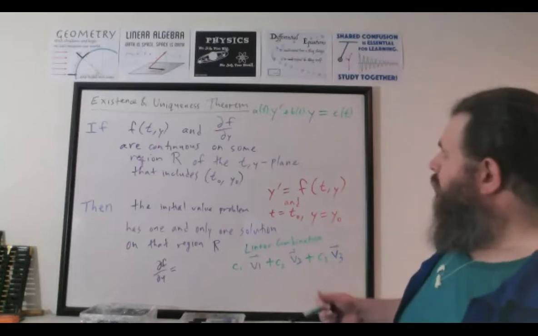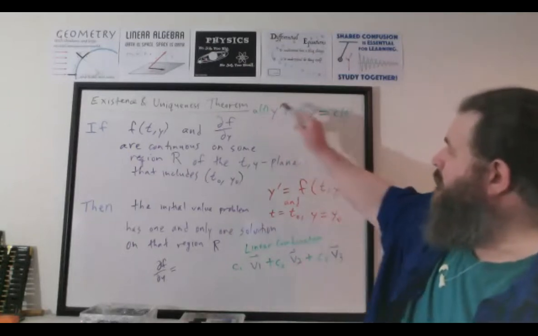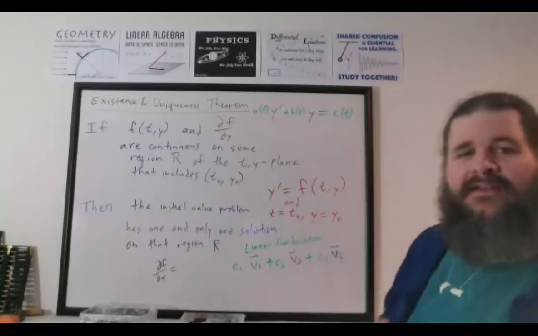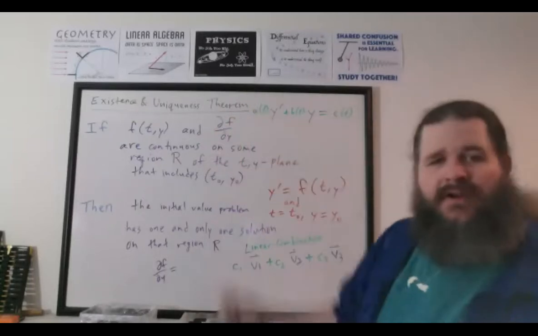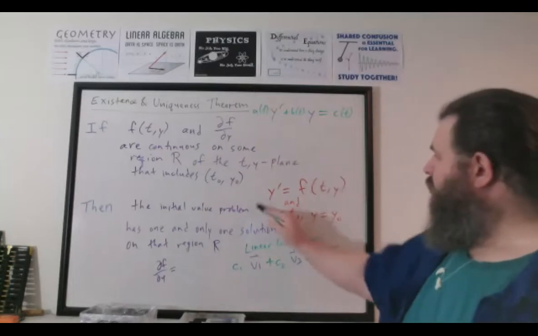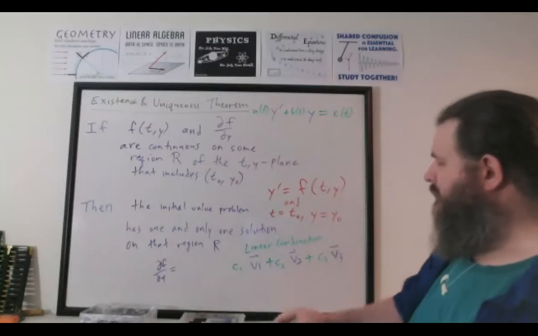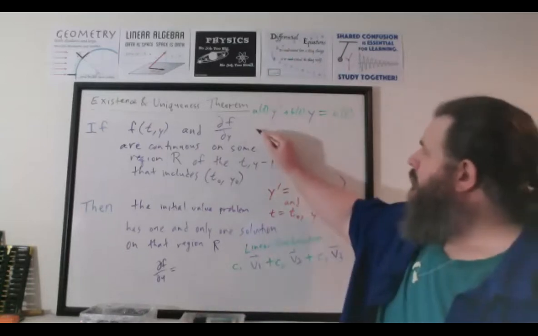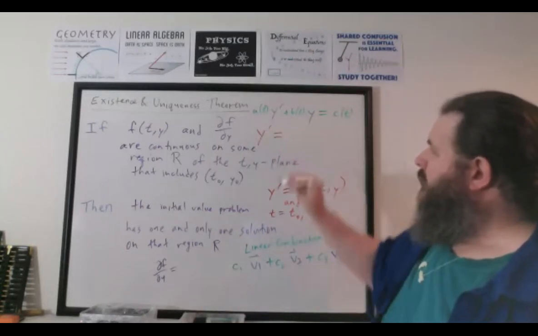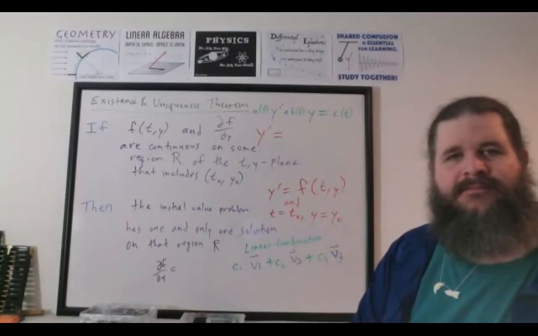So for first order, we just have something y prime plus something y equals something, if it is a linear first order. But for the purposes of the existence and uniqueness theorem, we want to put it in this format, y prime equals something about t and y. So we'd want to isolate y prime here. If you isolate y prime, what would you get?